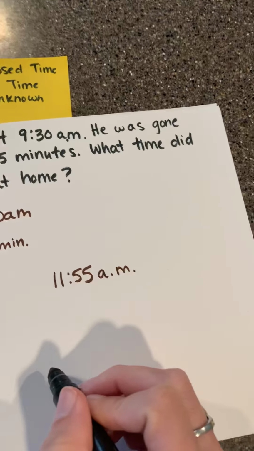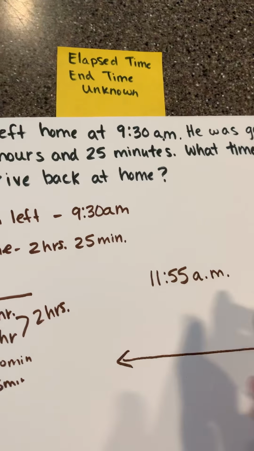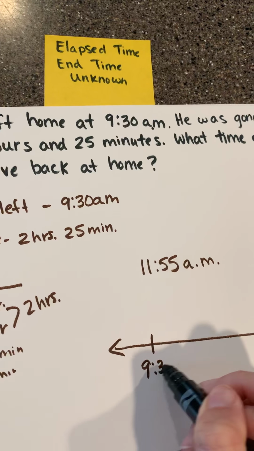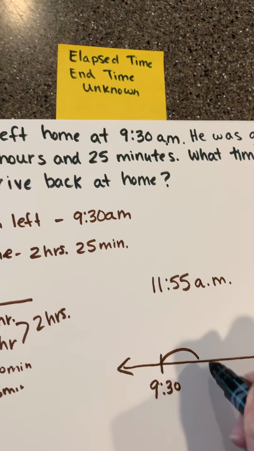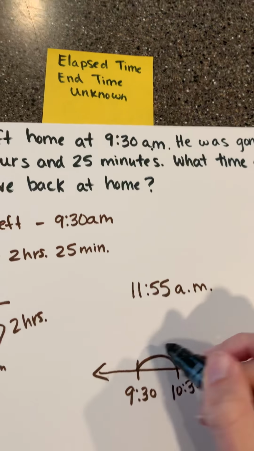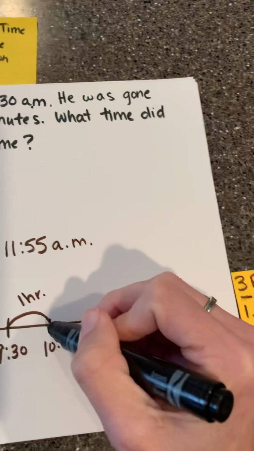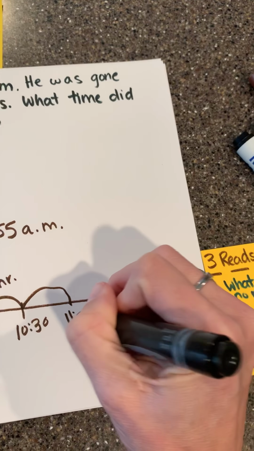Another way you can do this is a number line. We're going to call it an open number line. I'm going to start at 9:30. I'm going to add on 1 hour. Now, if you want to go ahead and jump 2 hours, that's fine. You could jump to 11:30 and do the 2 hours. I'm just going to do 1 hour at a time, so that takes me to 11:30.